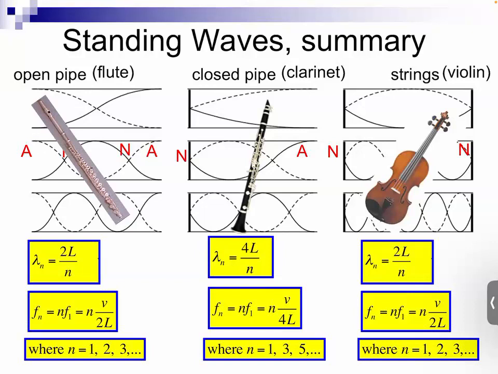All right, and the pitch of the sound that each of these musical instruments produces is of course related to the frequency of the sound that is produced by the harmonics, which you can calculate using these equations here.